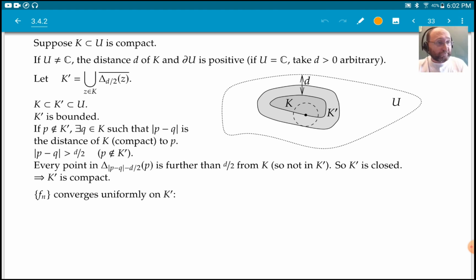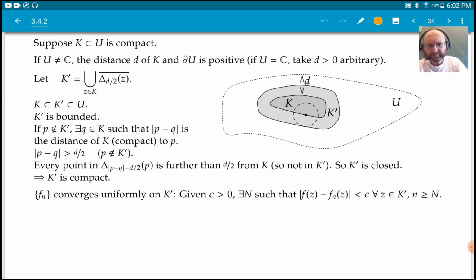we have this compact subset. We have that the sequence converges uniformly on K prime because, well, I mean, it's a compact subset of U, right? In particular, not just a compact subset of C, it's a compact subset of U. And so therefore, we have that the sequence converges uniformly on compact subsets. It converges uniformly on K prime.